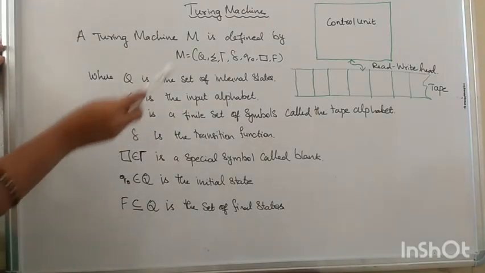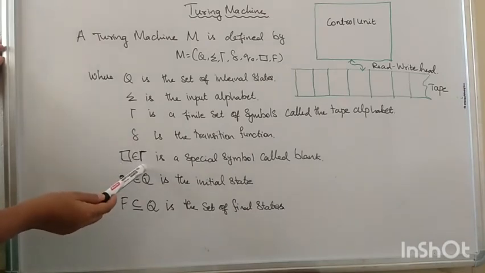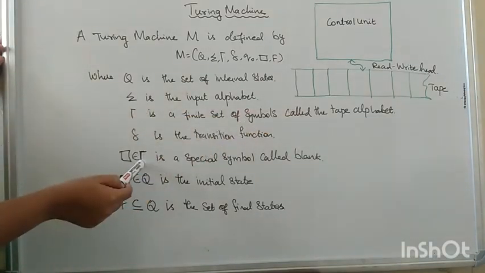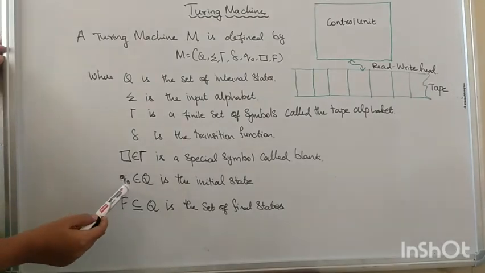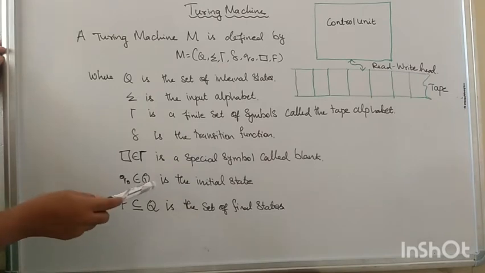The next one, del, is the transition function. And this is a blank, which is also a subset of the tape alphabet, and this symbol is called a blank. Q0 is the initial state. Q0 is also a subset of the internal states.